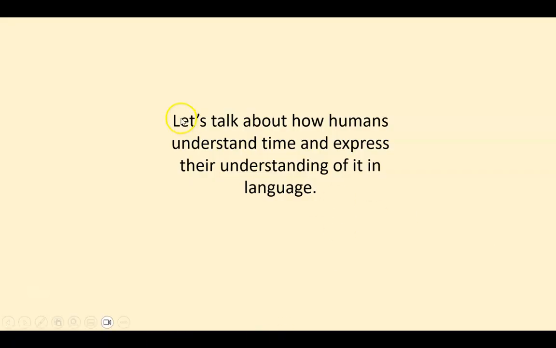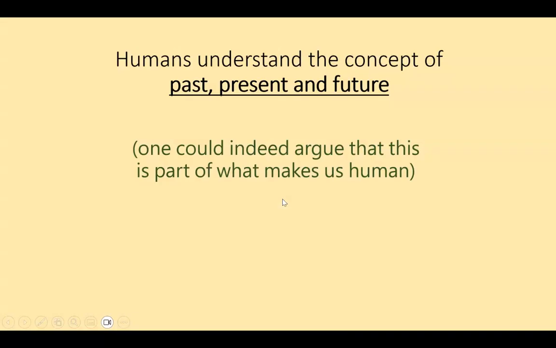So first, let's talk about how humans understand time and express their understanding of time in language. Well, humans worldwide understand the concept of past, present, and future. One could indeed argue or claim that this understanding of time is part of what makes us human. Do animals understand time? Well, maybe.